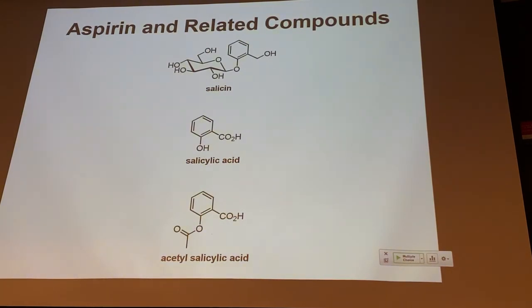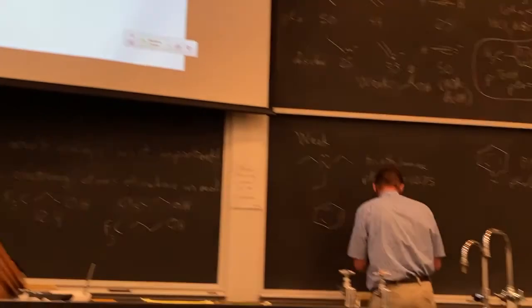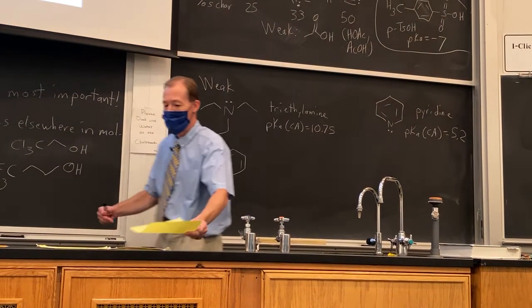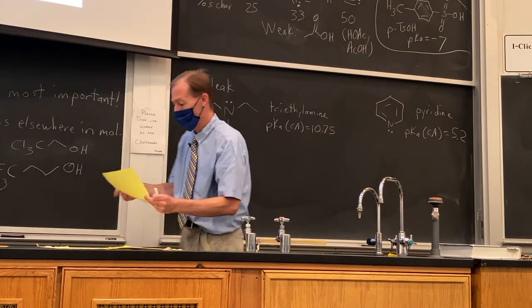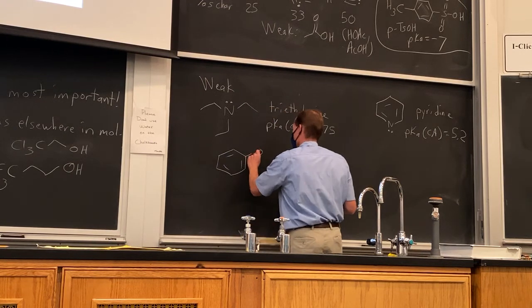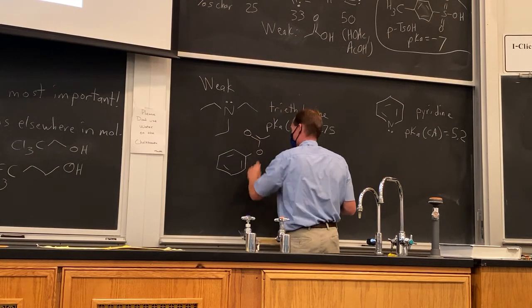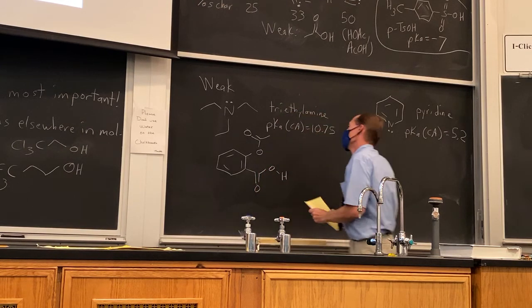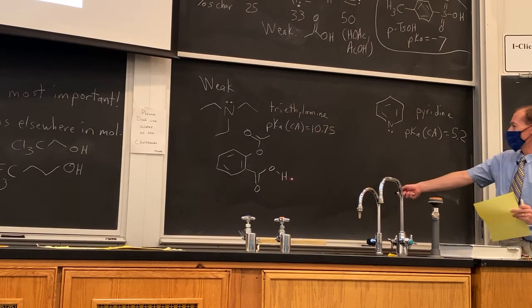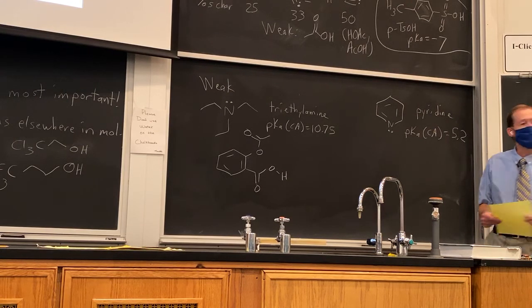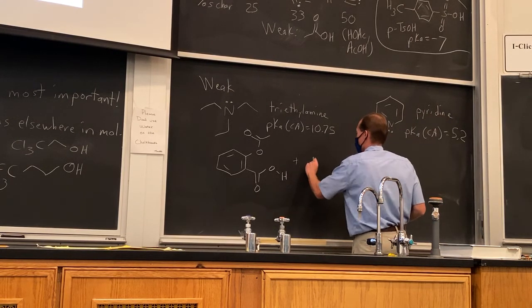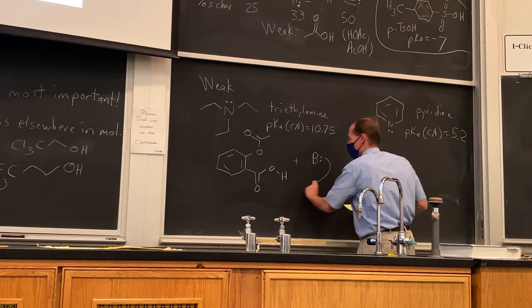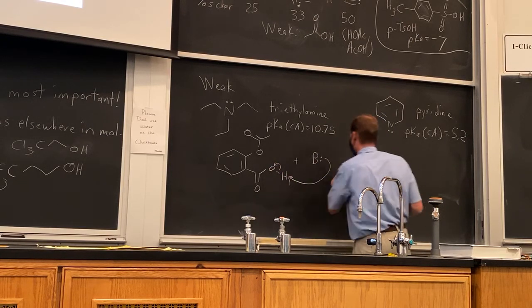Okay? But what we're more interested in the history is the acid-base chemistry of aspirin. So we're going to draw that for you here on the board. So hopefully you recognize the hydrogen on the oxygen is going to be our acidic hydrogen in aspirin. So we're going to have a base that's going to deprotonate that.